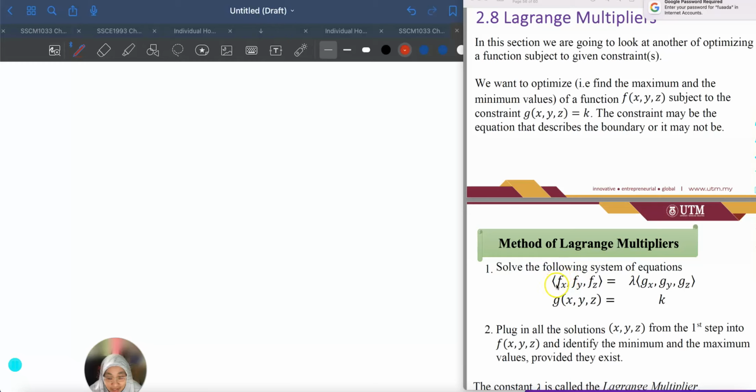The x component is fx, and the x component on the other side is gx. So in equation form, you must be able to obtain fx is equal to lambda gx, and the second component, the y component, fy is equal to lambda gy, and the z component, fz equal to lambda gz.